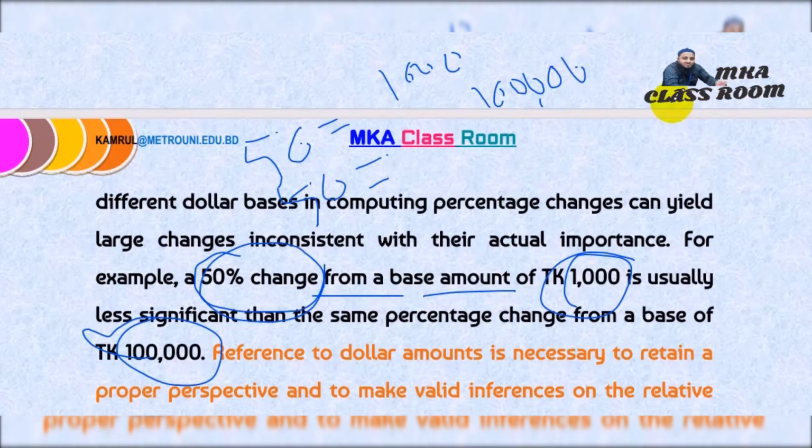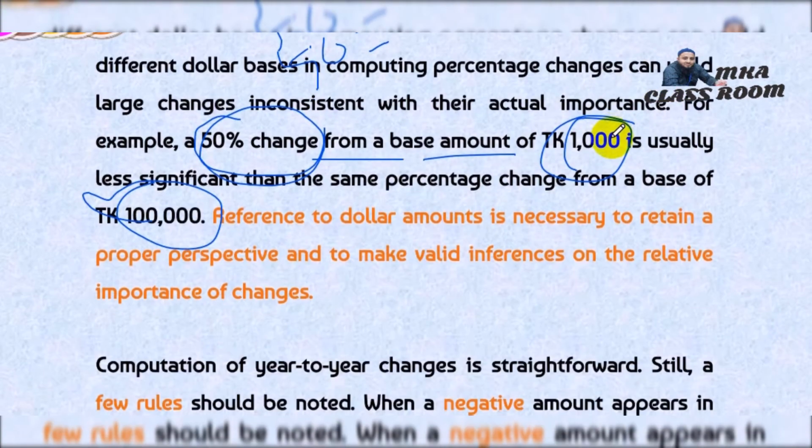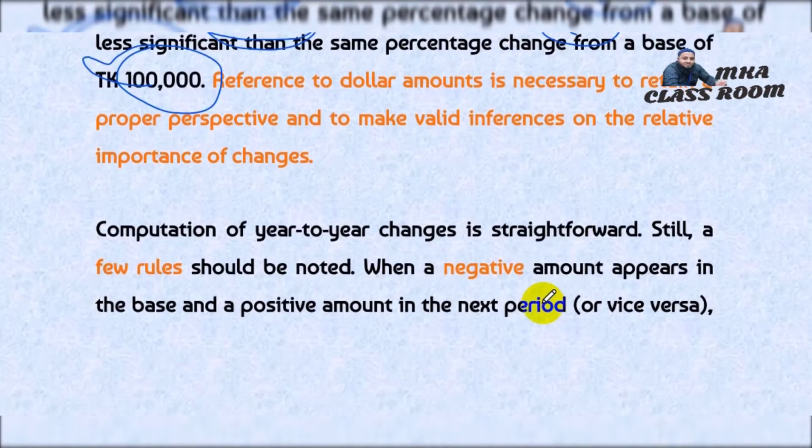That's why it is important. Reference to dollar amount is necessary to retain a proper perspective and to make valid inferences on the relative importance of changes. Computation of year to year changes is straightforward. Still, a few rules should be noted.